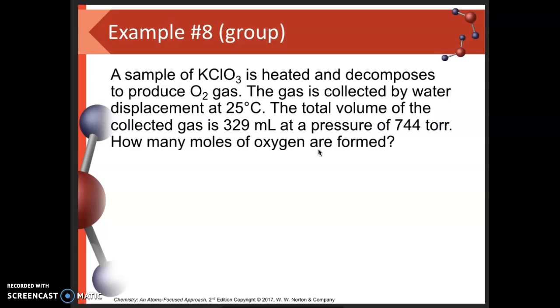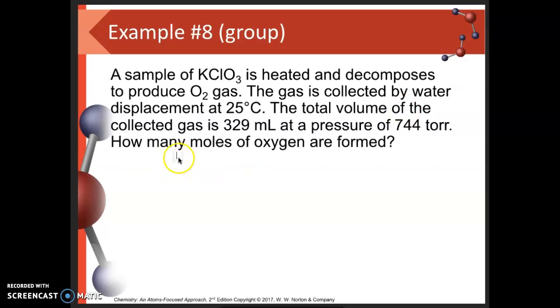Well, it'd be really easy to look at this and say, oh, well, I've got a pressure, I've got a temperature, I've got a volume. Let's plug that into the ideal gas law. Problem is, we know that some of this pressure here is associated with water. We just have to figure out how much. And that's where that table of values comes in.